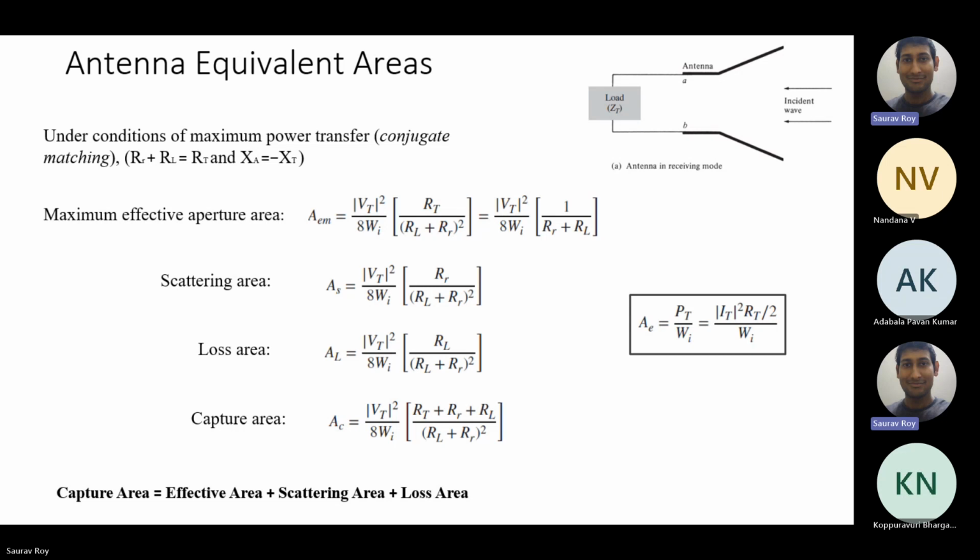The capture area is the collection of all these three areas. That's why at the bottom it says capture area means effective area, the sum of scattering area and loss area together. But the important part is the maximum effective aperture area, or effective area, because this is the area that gives you how much power is delivered to the load. The rest are not that important. You just need the concept, but we will use the effective aperture area.